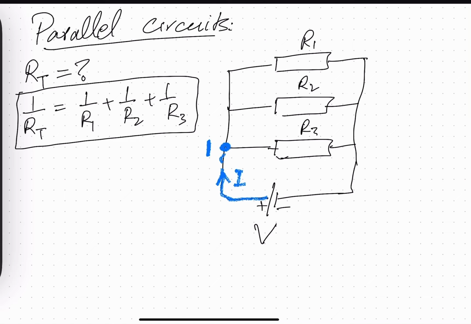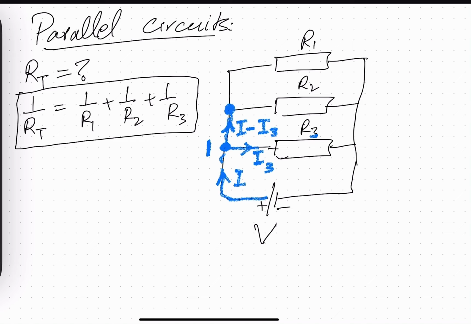Some of the current will go this way. This is R3, so let's call this I3. I3 current will go this way, and the remaining current, total minus I3, will go upward.